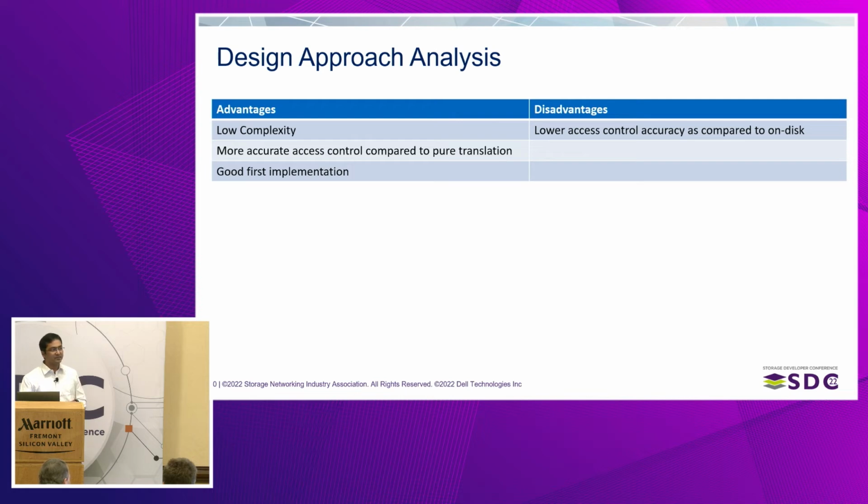Questions? Yeah. Can you just translate the mask to something not used? For example, if the mask only allows read, then you can deny write and execute for everything. Is that possible?